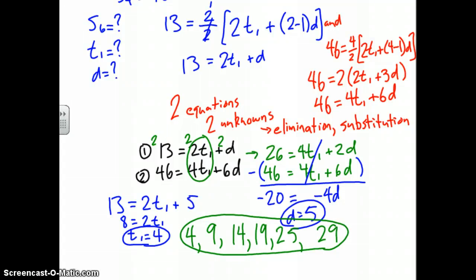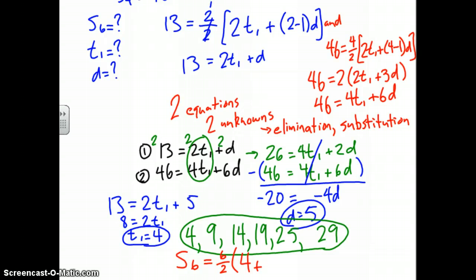And then the second part of the question says find the sum of them. We could just add those up if we wanted to, or we use the formula. That formula is S6 equals n divided by 2, so that is 6 divided by 2, and then bracket, T1 plus Tn.